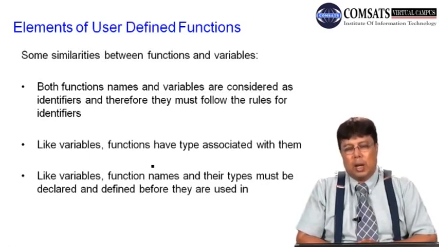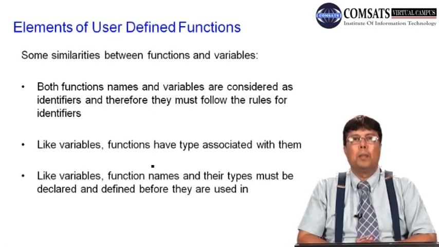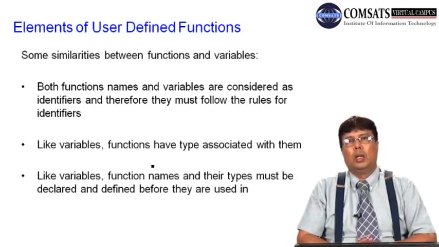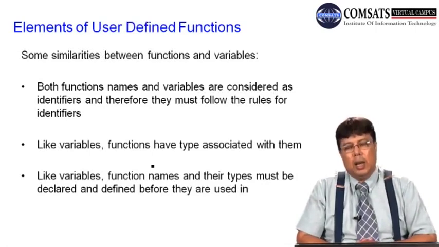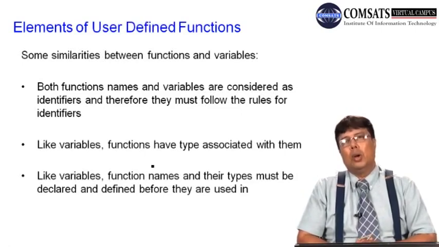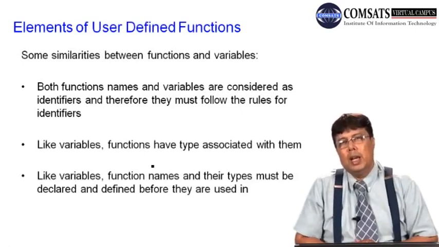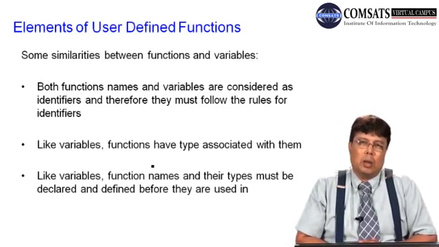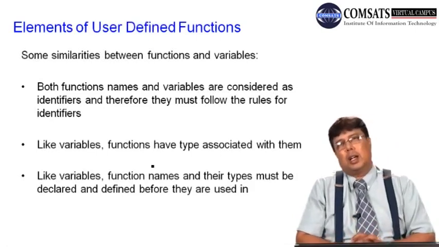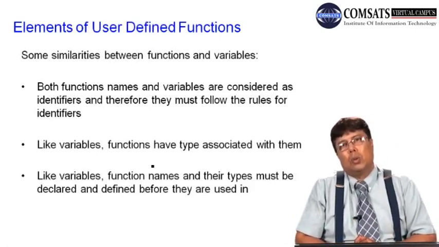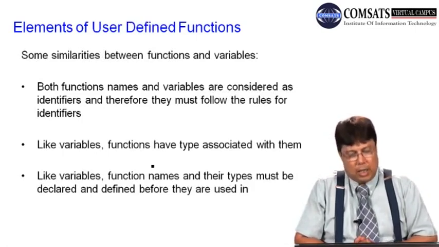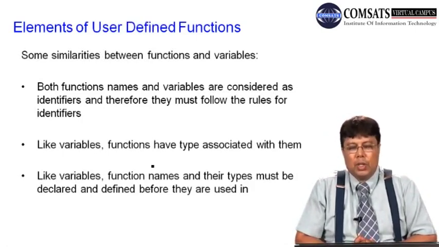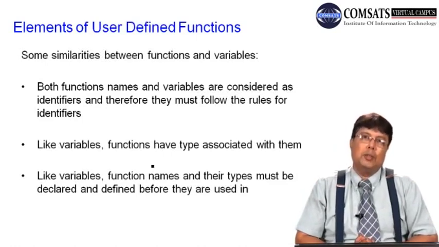These all rules are applied here. And the underscore, we should not start the name of a function with underscore although it is valid, but we usually keep it for the use of the system functions, the functions that are defined by the system. To keep a little difference from them, we do not want to start our own function names with an underscore. Like variables, functions have type associated with them.